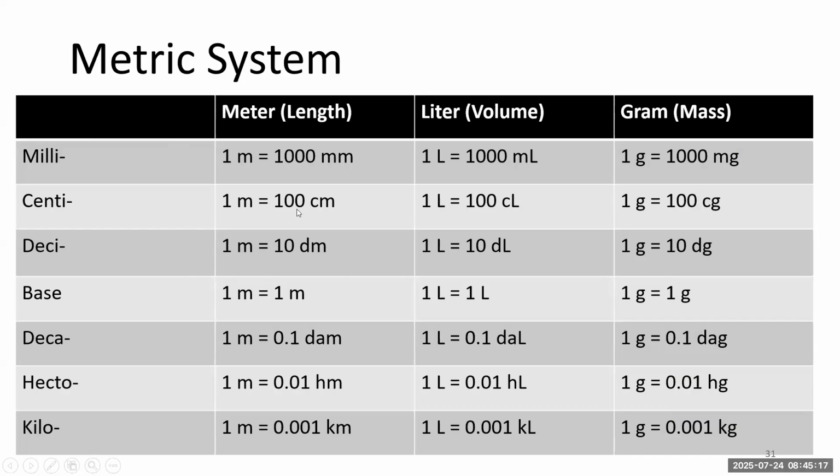And then if you want to represent different amounts or portions of that base measurement, we have the word that comes before it. For example, centimeter, very great because centi means 100, so we know that means 100 centimeters in 1 meter. Whenever you see milli, that means it's a thousandth, so 1,000 millimeters for 1 meter, and so on and so forth for volume, for liters and grams as well.